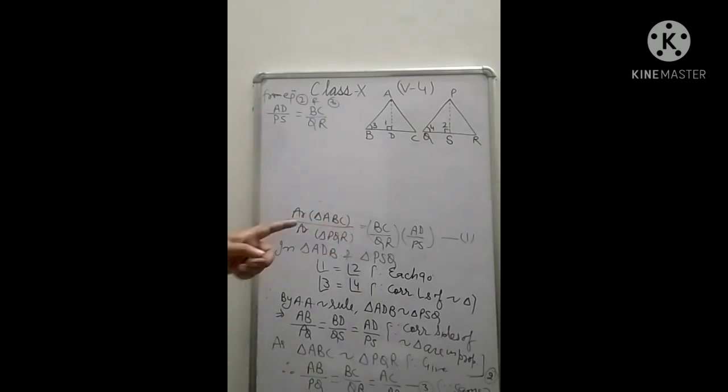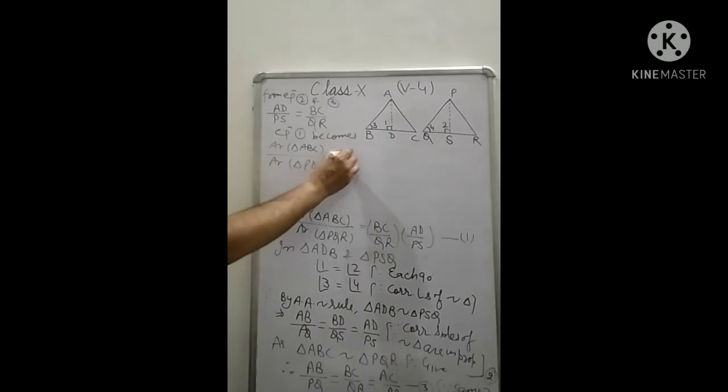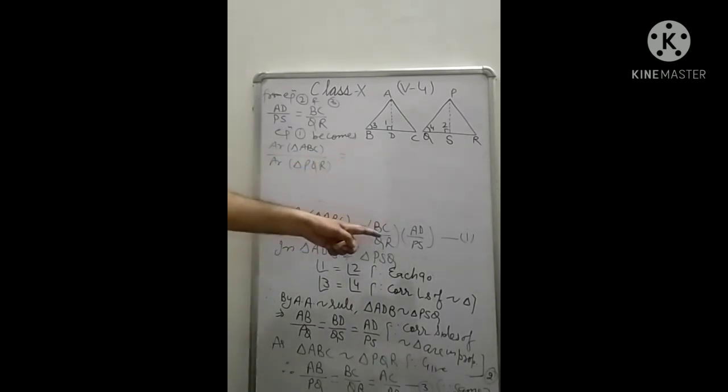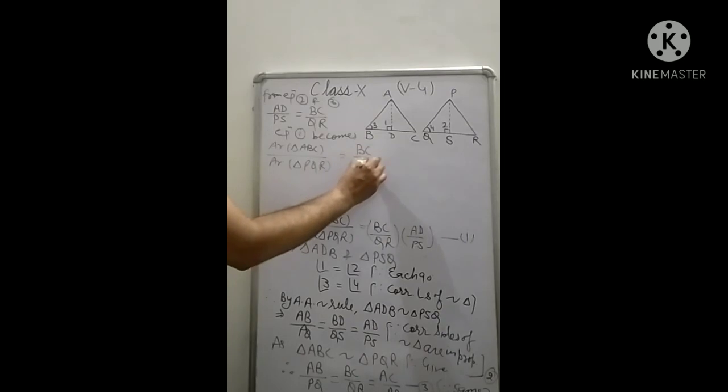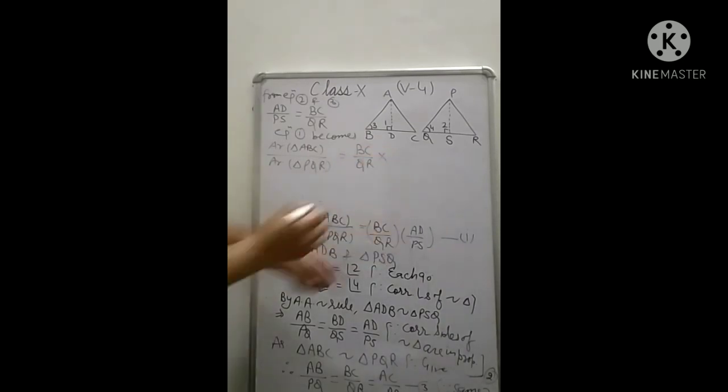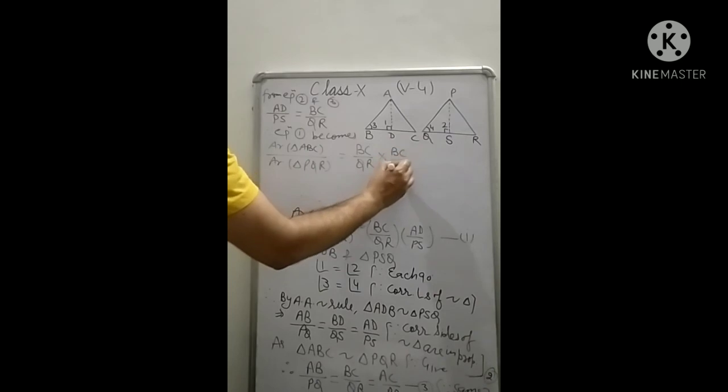So equation 1 can be written as area of triangle ABC upon area of triangle PQR is equal to BC by QR into, in place of AD by PS, again BC by QR.